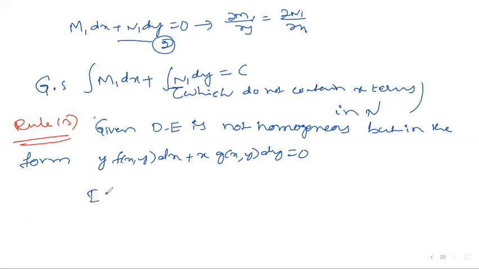We take the integrating factor equal to 1 by (Mx minus Ny). The given differential equation is nothing but M dx plus N dy equal to 0. This is equation 1.